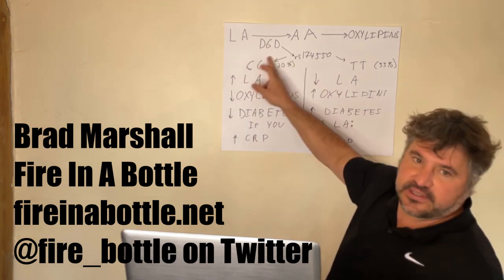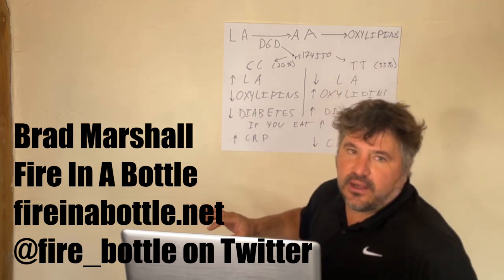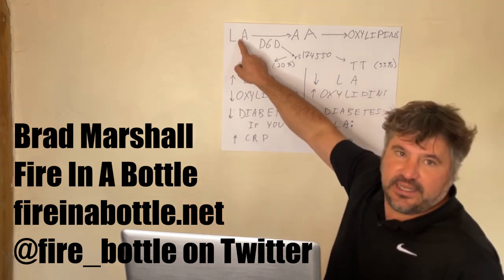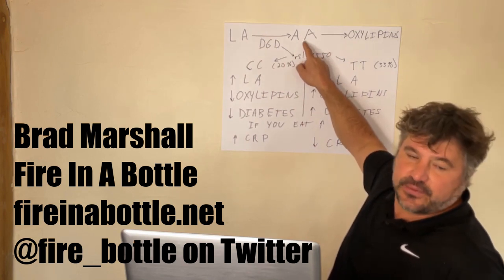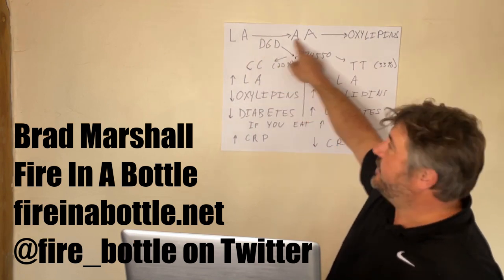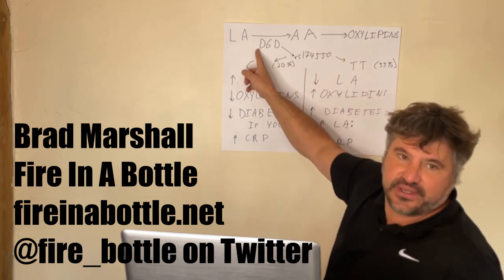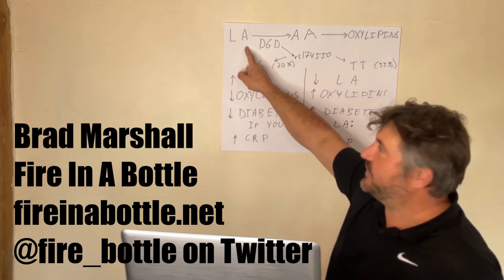And so you can see delta-6 desaturase is up here, and I apologize, this graphic sucks. I'm not an artist. You have linoleic acid here becoming arachidonic acid, and this arachidonic acid ultimately becomes the oxylipins. Delta-6 desaturase is the enzyme that is the rate-limiting factor in this.